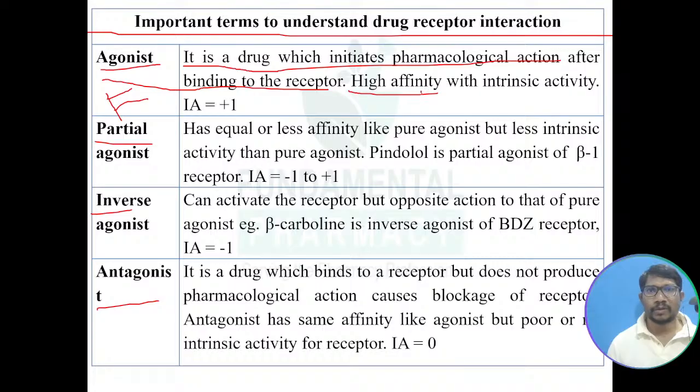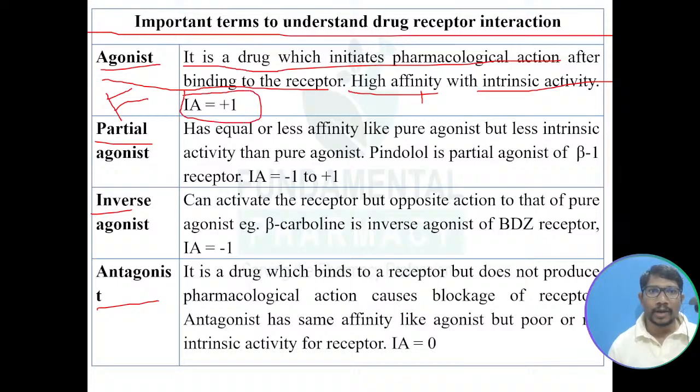Affinity means ability to combine with the receptor, and high intrinsic activity, which is the response produced after interacting with the receptor. So what is an agonist? It interacts with the receptor and shows full action, so it is called an agonist or full agonist. It has a high affinity and intrinsic activity. The intrinsic activity of an agonist can be denoted like IA is equal to +1.